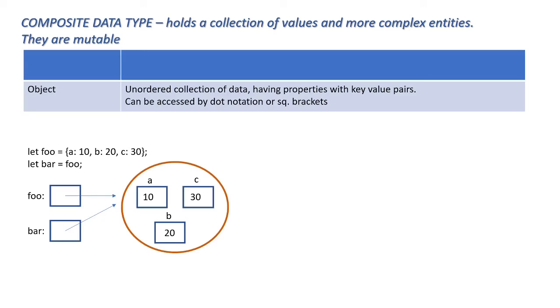So foo and bar are now pointing to the same object, right? And if we make any change, like if we make a equal to 20 or any other value, then foo and bar both can see that the value has changed. So we are not changing the object itself, or reassigning it, but we are actually manipulating the contents of the object. So that can be done, and that's why we say it is a mutable data type.